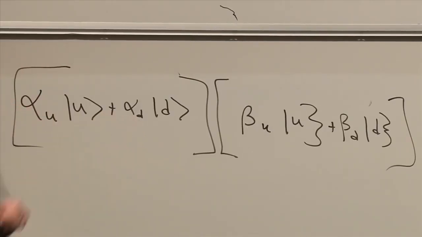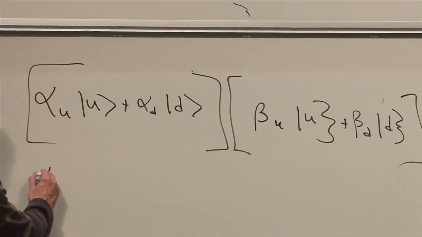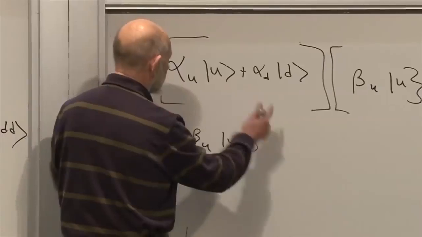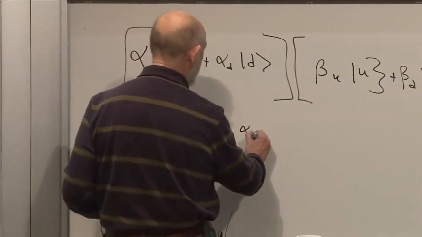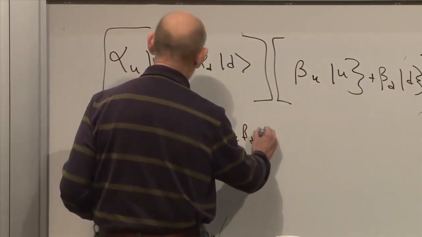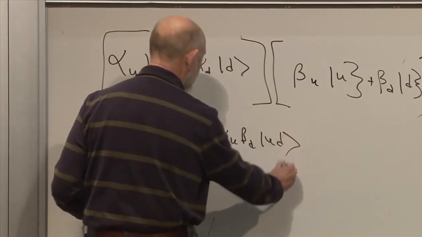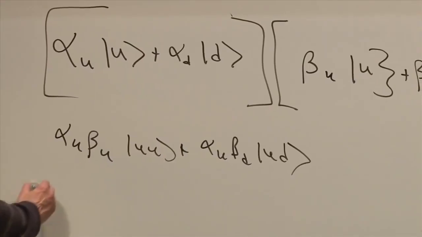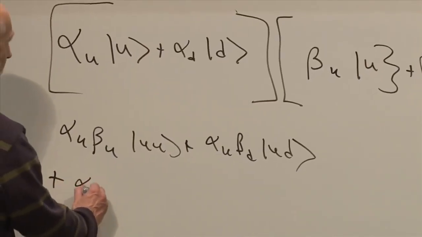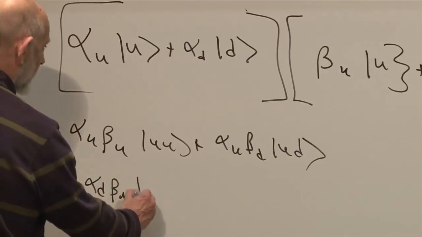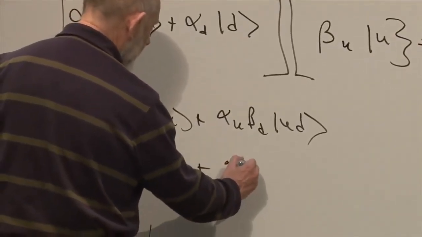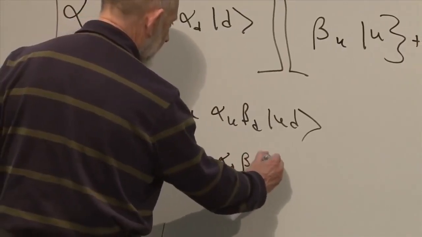This is a product. We could also write it alpha up, beta up, times up, up, plus alpha up, beta down, up, down. Do I need to write the rest of it? Well, I will. Plus alpha down, beta up, down, up, plus alpha down, beta down, down, down.